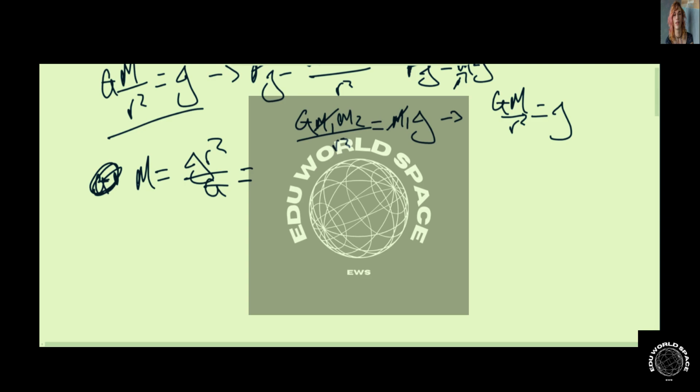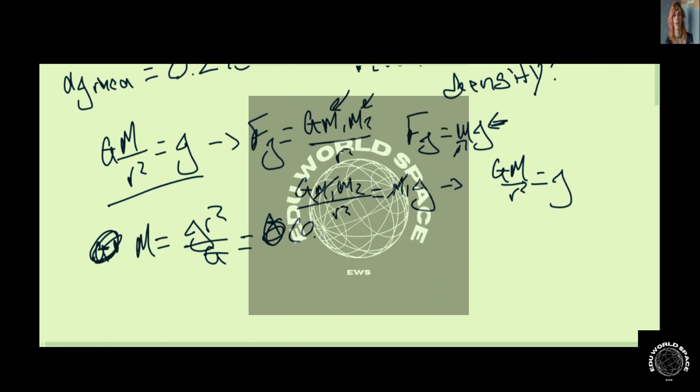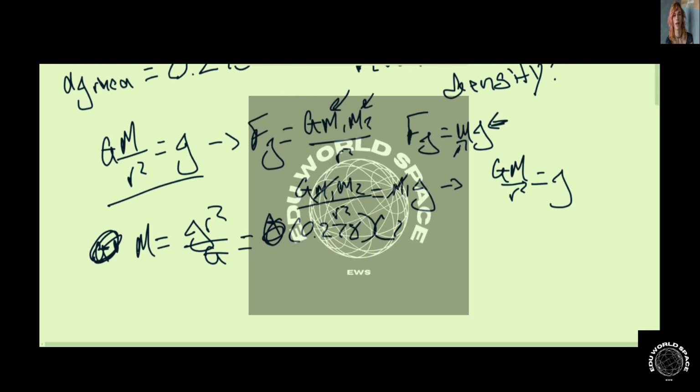And if we do that, then we're going to get something like this. g is 0.278. The radius is given to us in kilometers, so we need to convert it into meters, and we can just do that by multiplying it by 1,000. Then you square it.